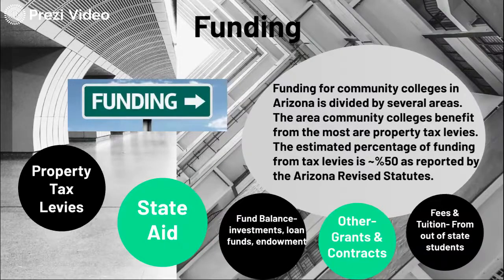The other areas are state aid, fund balances, which are investments, loan funds, and endowments. Another area is labeled as other, which are grants and contracts. And the fifth area are fees and tuition, which are from out-of-state students.